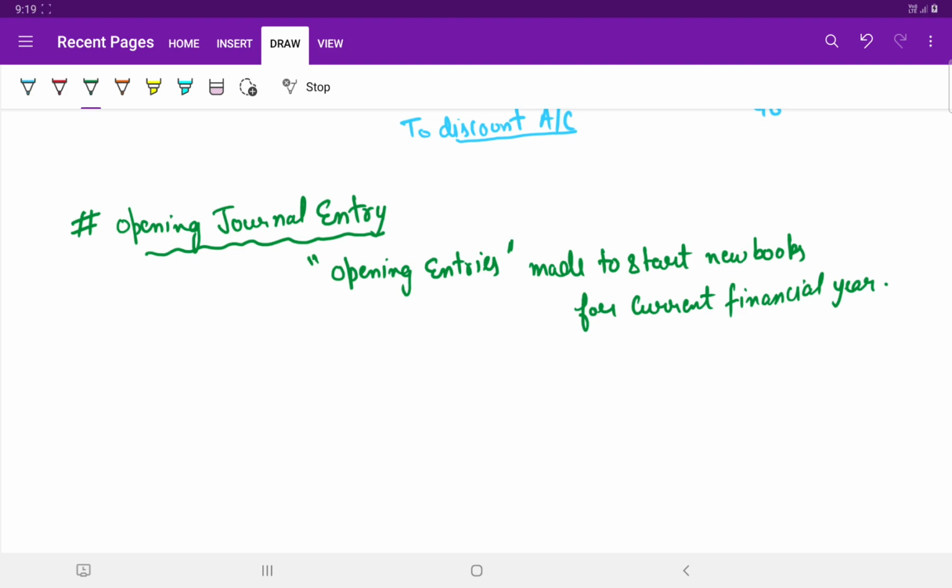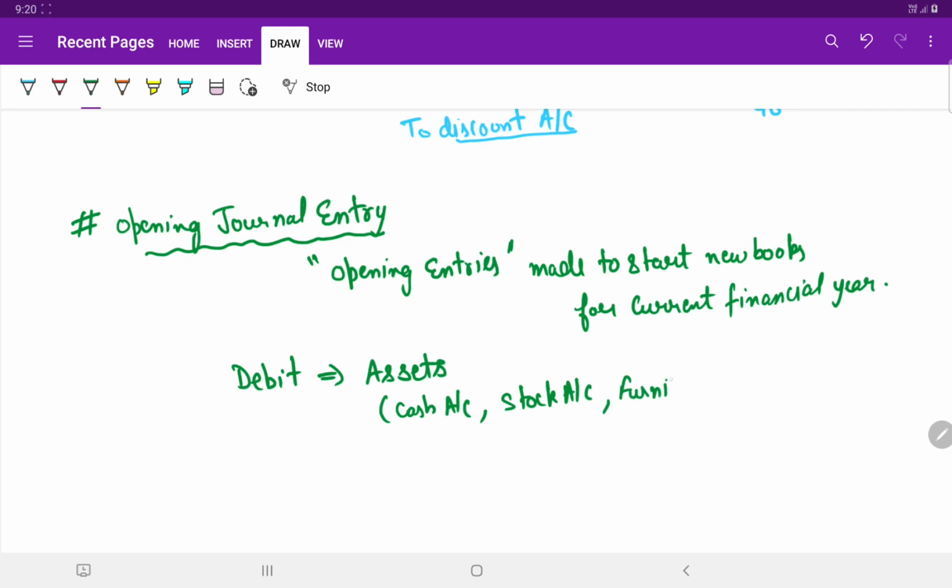So, what will be on the debit and the credit side? Let us see. The debit side will always include the assets. So assets will involve the cash account, stock account, then the furniture account, because these are all assets, and personal accounts, because these are the amounts which are in possession of the owner.